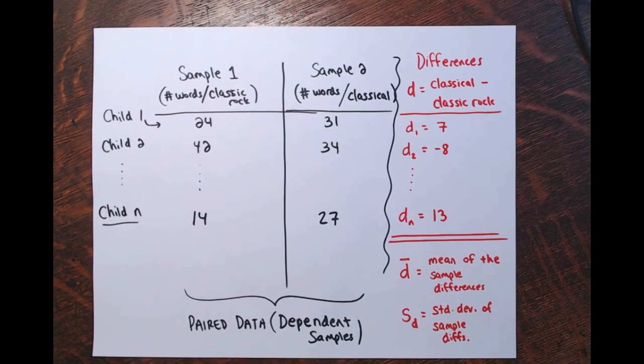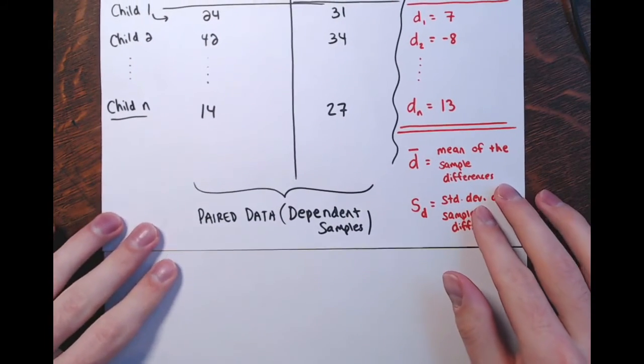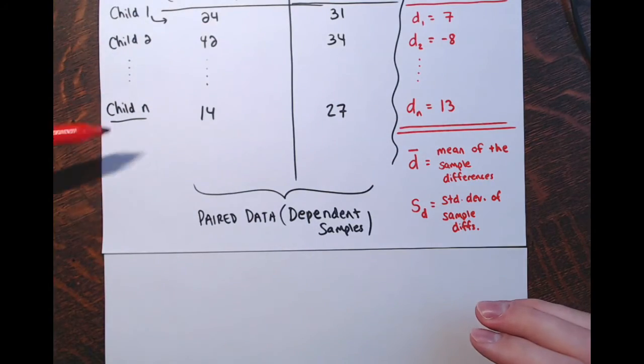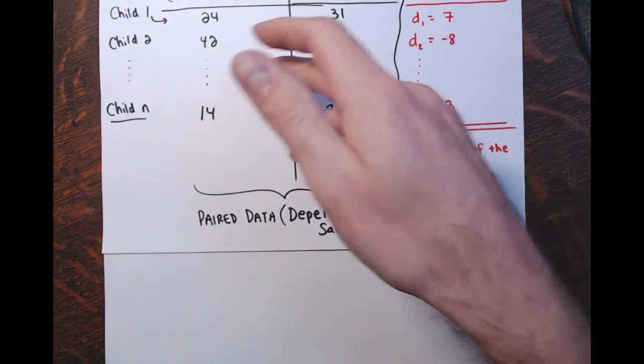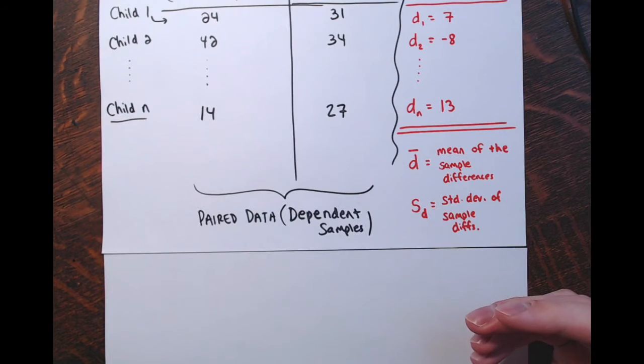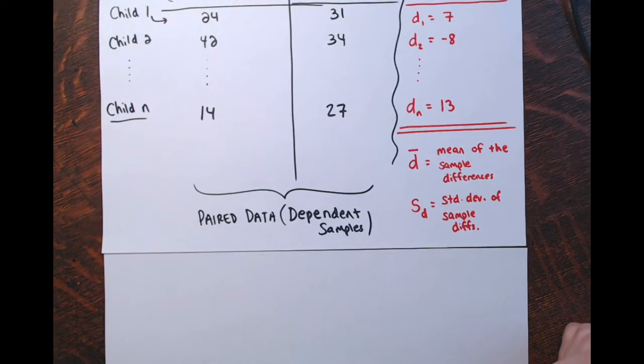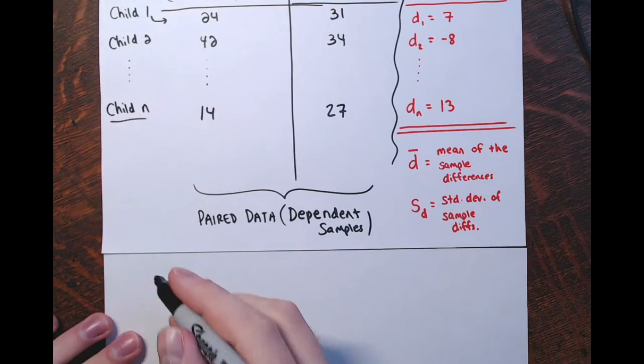When we write our hypotheses, what you're going to hypothesize about is the parameter. I looked at these differences for these n children, but this is only a small sample of children. What if I did this for all children?